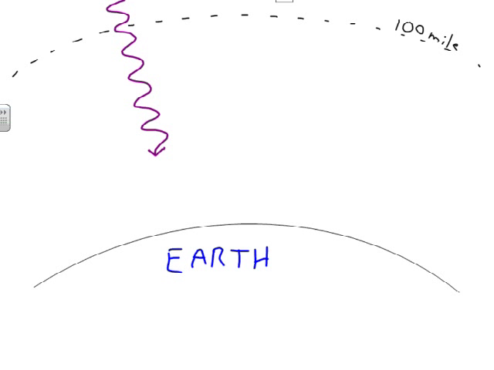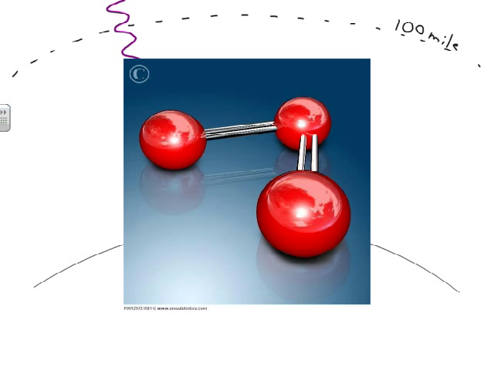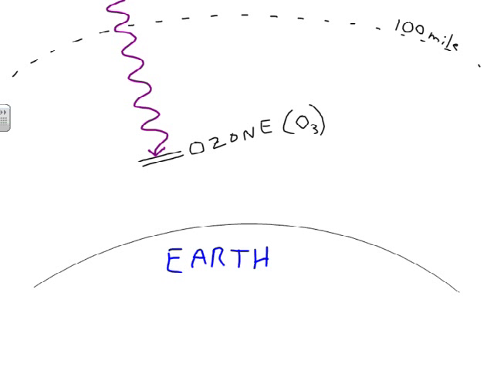There's something in the Earth's atmosphere that stops a lot of these ultraviolet rays, and that's the molecule ozone. So ozone absorbs a lot of that energy. Now, ozone is a molecule that's made up of 3 oxygen atoms. So ozone is O3. So that ultraviolet energy doesn't make it all the way down to the Earth.